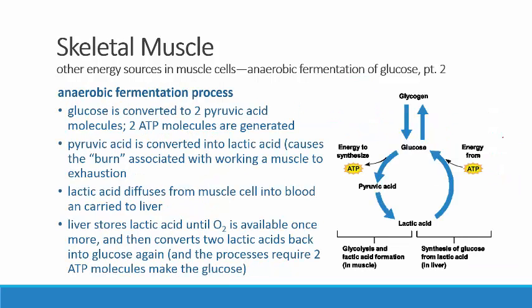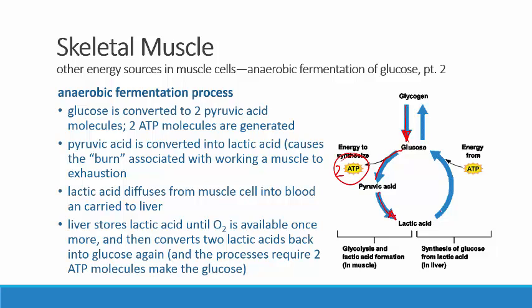Okay, so here I'm just showing you a small graphic of the anaerobic fermentation process. So we have glycogen, we convert it into glucose. Along the way, that glucose will be converted into pyruvic acid, 2 molecules of it. We extract ATP, 2 of them in this process. We produce lactic acid.